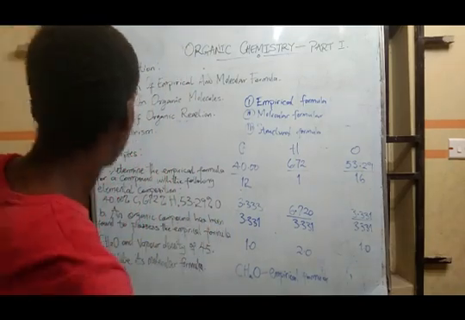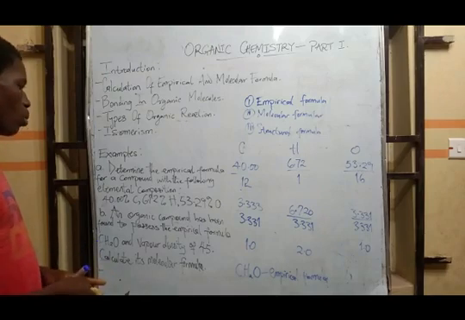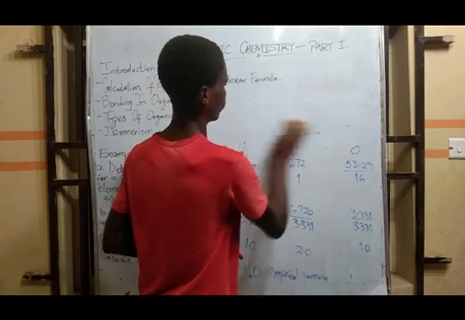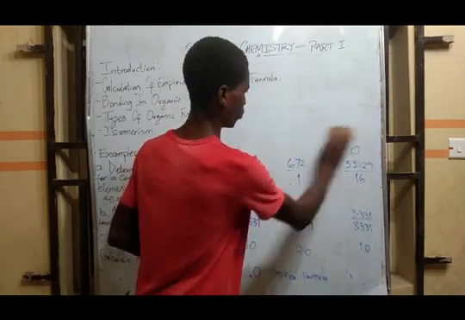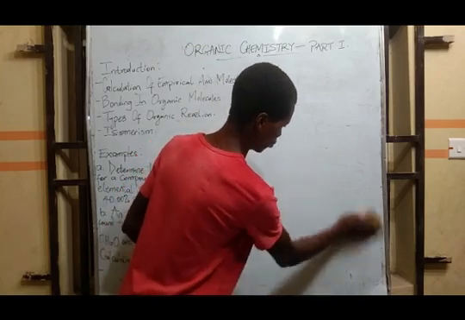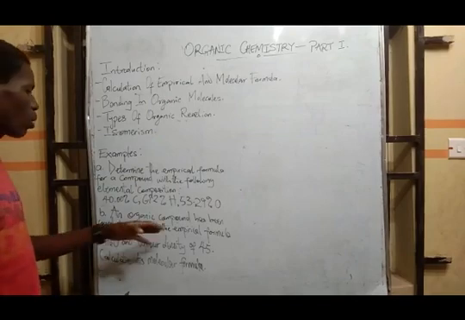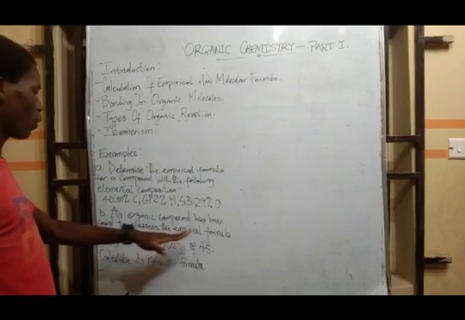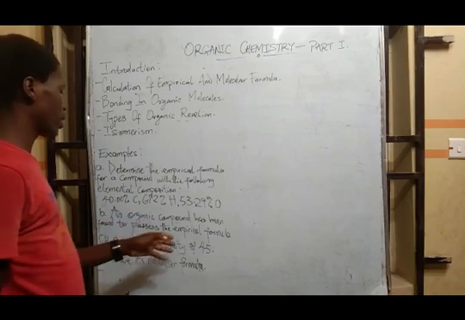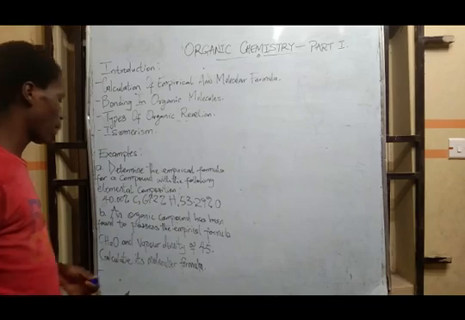Okay. Then for the second question, we'll be calculating the molecular formula. The question is: an organic compound has been found to possess the empirical formula CH2O and vapor density of 45. Calculate its molecular formula.